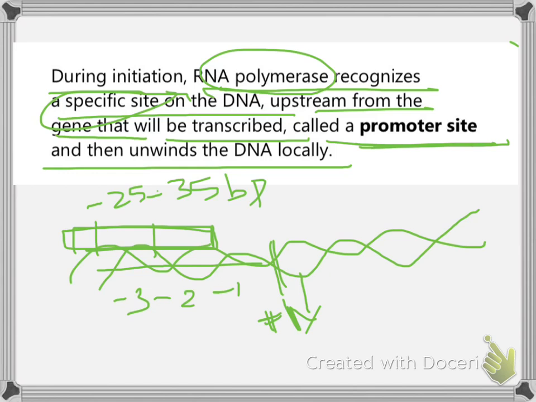So the promoter site contains the TATA box, which will be referred to as the -25 region, or -25 base pairs upstream to the 5' end.